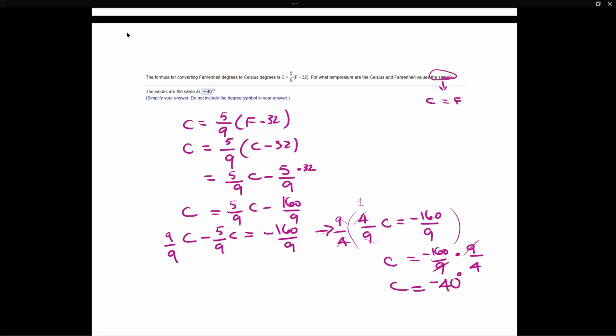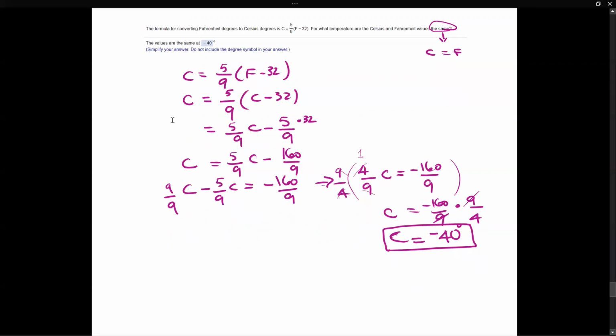All right. So here we see degrees, so I put F instead of C there, or Celsius, and so -40 makes it work. And of course, follow some instructions here, like do not include the degree symbol because it's already outside the box.